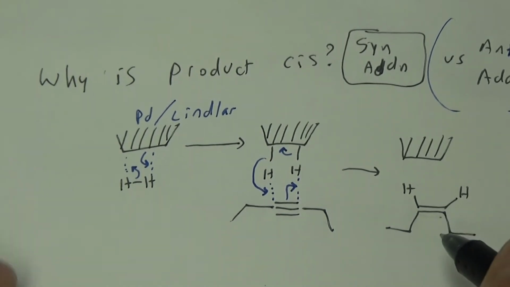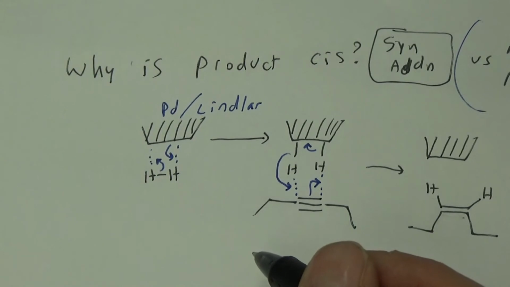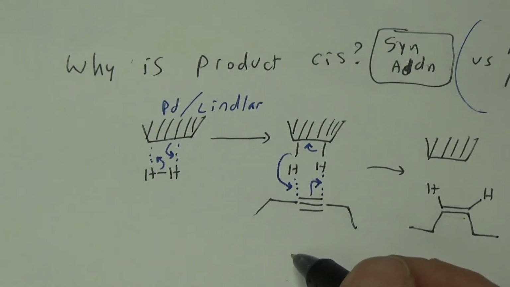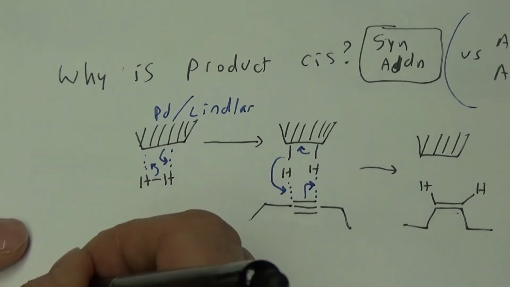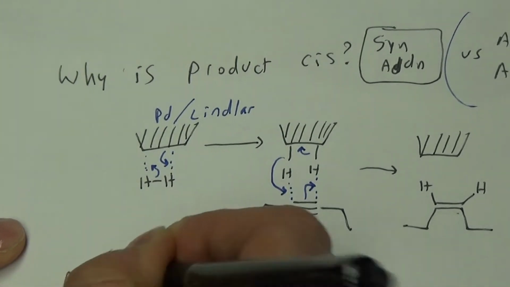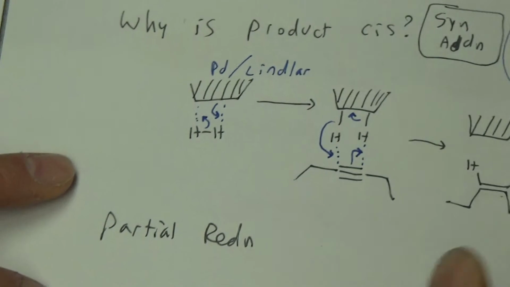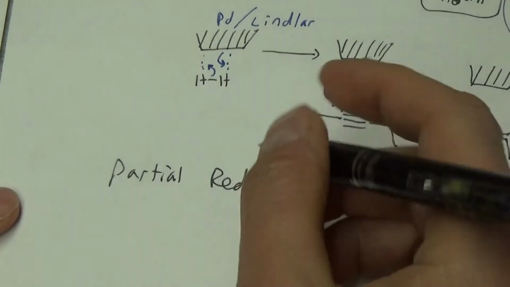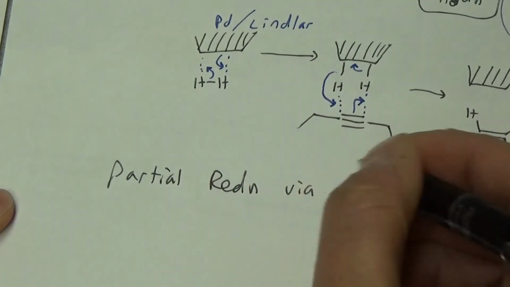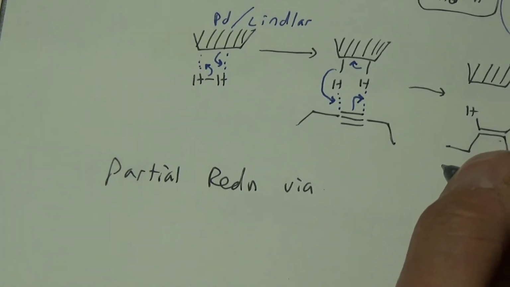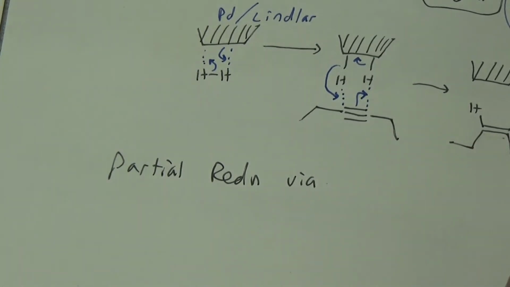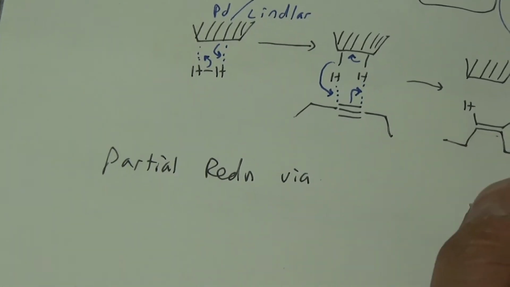Okay, and then the other question is the partial reduction that is trans-selective. What are the reagents for the trans one? It's not H2, and it's not Lindlar, and it's not palladium.